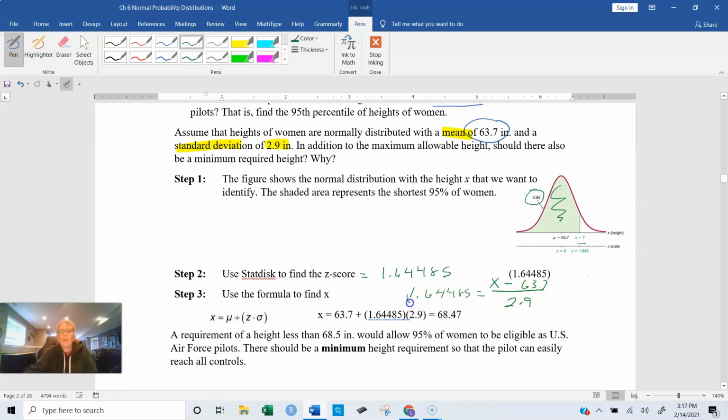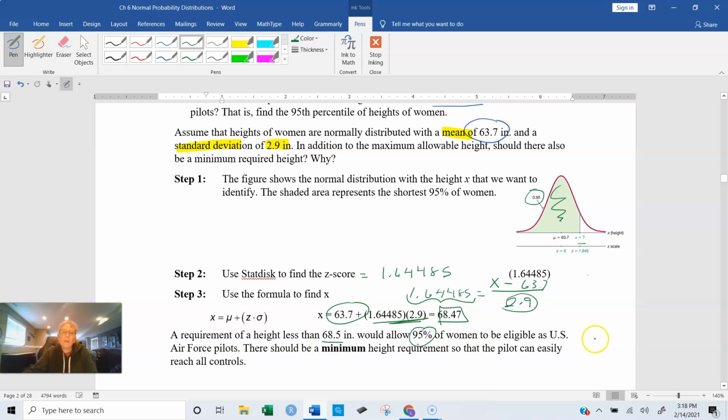So now you take the 1.64485 times the 2.9, that's where this came from. Then you add the 63.7 to it, and we get 68.47. So they would have to change the height requirement to 68.5 inches, and then 95% of the women would be eligible.